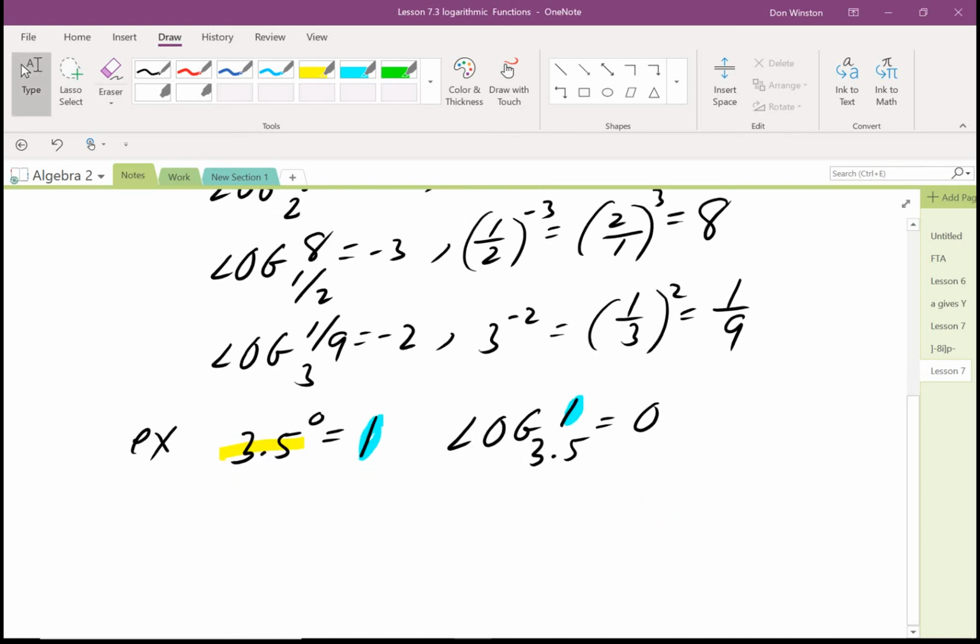Let's just try another one. If I had 3 squared is equal to 9, my base is 3, so that would be log base 3 of 9 equals 2.